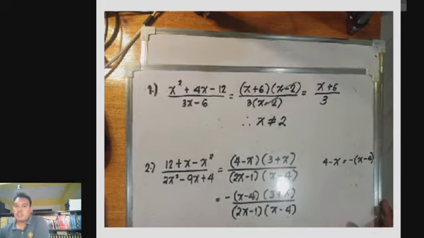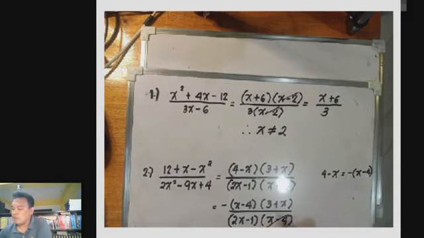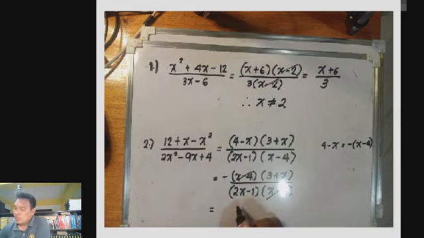Now, dito sa value na to, pwede na natin i-cancel tong parehong term na yan, no? So, lalabas the simplest form of (12 plus x minus x squared) all over (2x squared minus 9x plus 4) is negative (3 plus x) all over (2x minus 1).